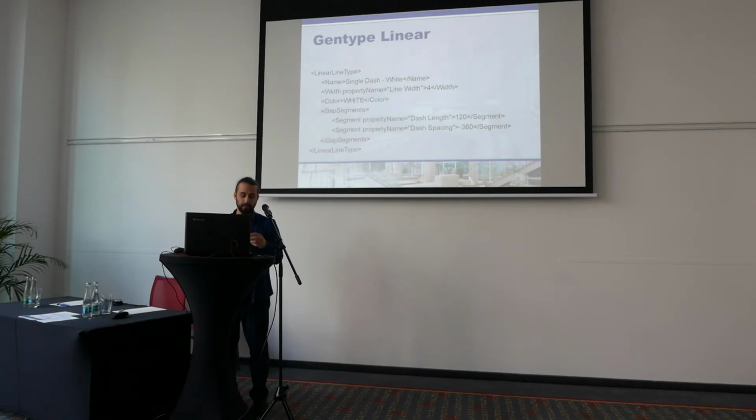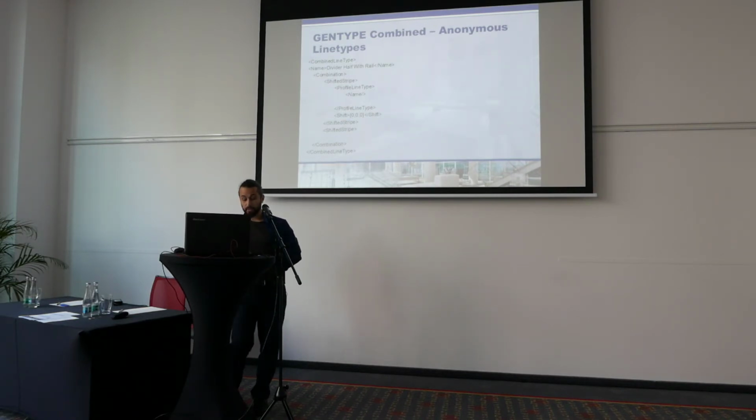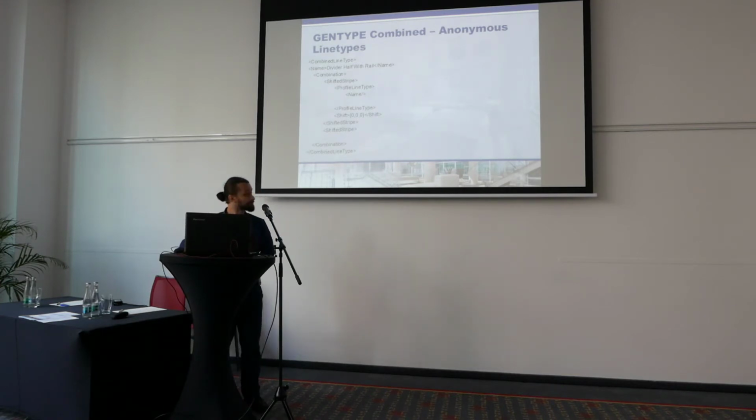Line types that are components of Jentype Combined can be defined not only by name, but by unnamed line types as well, defined directly. For example, divider half with rail.